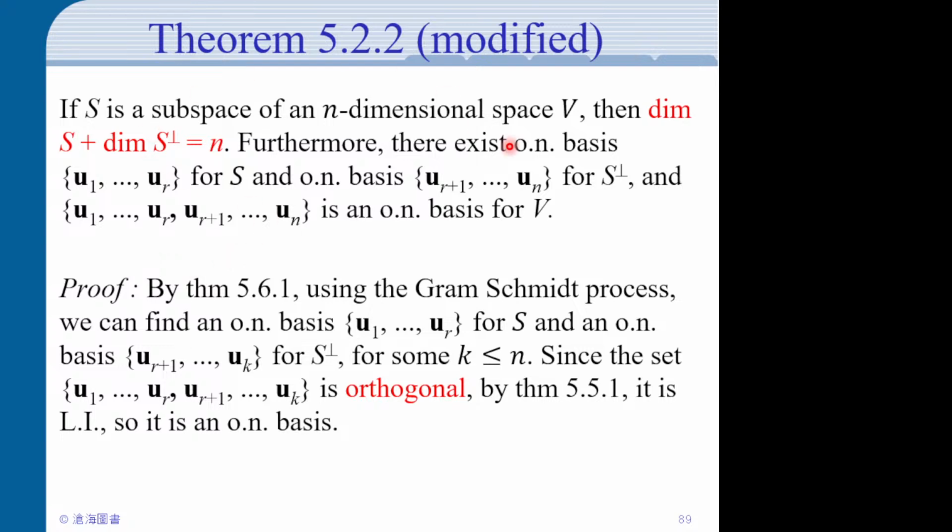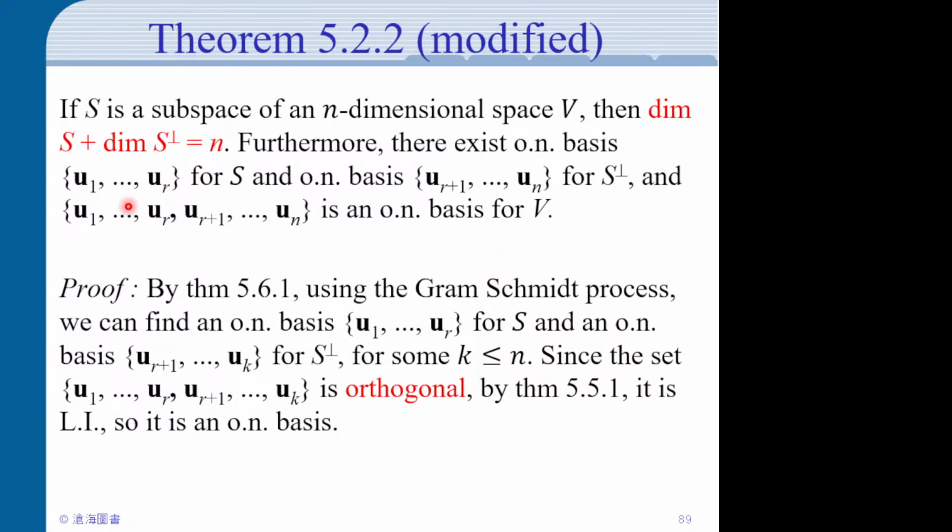And also I modified the theorem statement a little bit. So now we say we have an orthonormal basis for S and also an orthonormal basis for S perpendicular, then you join those two bases together, and you get an orthonormal basis for your parent space V. So how does this go?